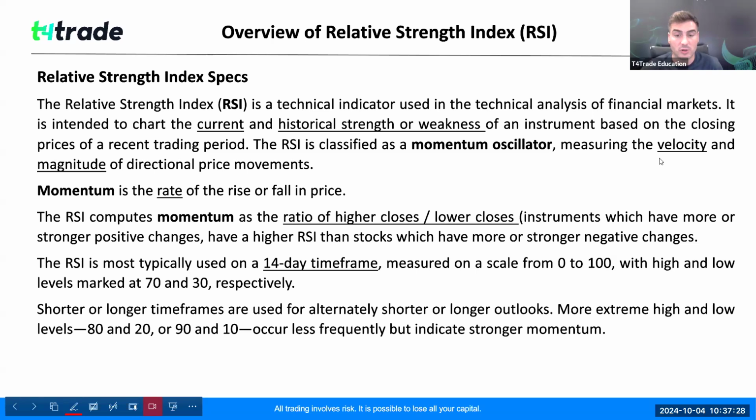Super extreme. What we care about most of the time is the bands that we place around the RSI momentum oscillator, which are the 70 and 30 levels. A value of 70 is not super extreme, but it's a bullish enough kind of environment.